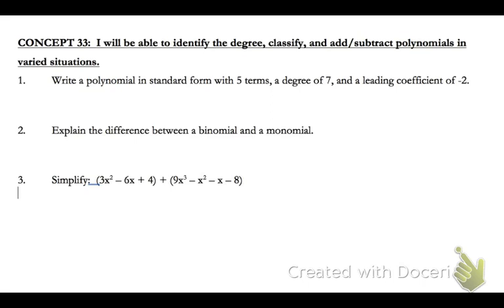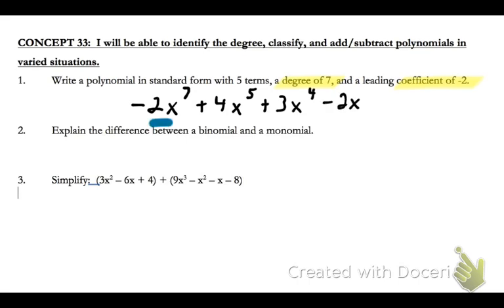One of which, if we start off with -2x to the 7th, and I know that it's x to the 7th because it's degree 7, the leading coefficient is -2. We have many other options. We need a total of 5 terms, so really we could go plus 4x to the 5th plus 3x to the 4th minus 2x.